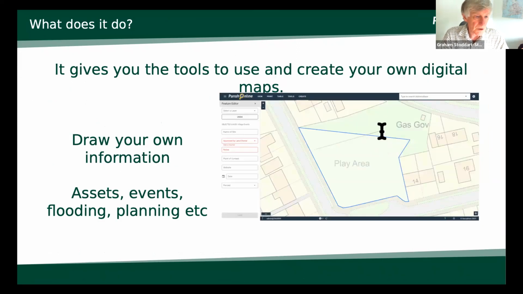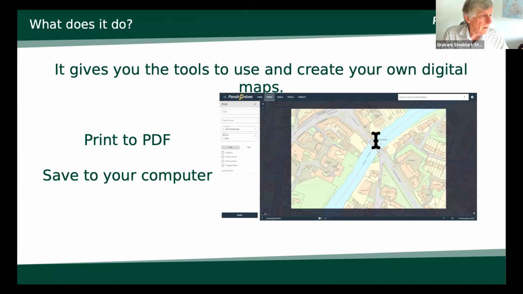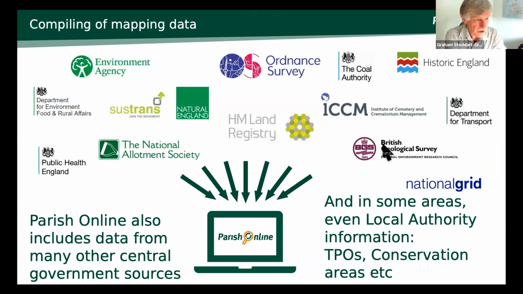Okay, it gives you your own tools to create your own layers. We will be doing this later today, so I won't talk about it very much at the moment, except to say that you can put in here whatever it is that you need to do your job. And the vast majority of the layers of data that we'll be using shortly come from outsiders.